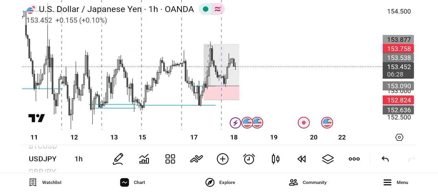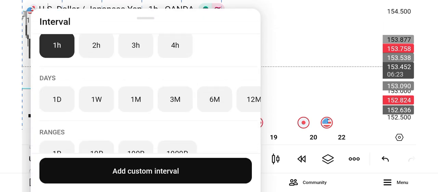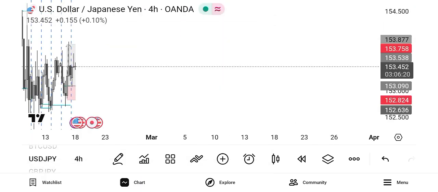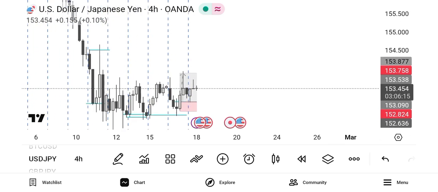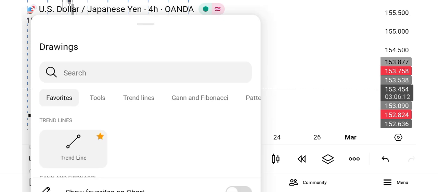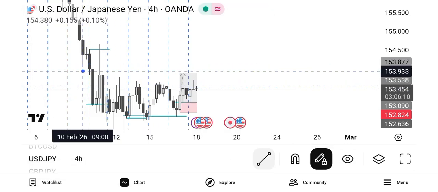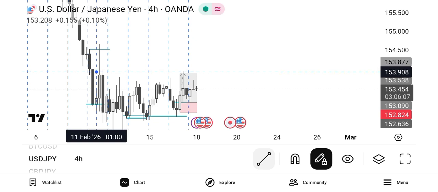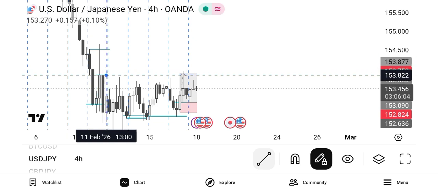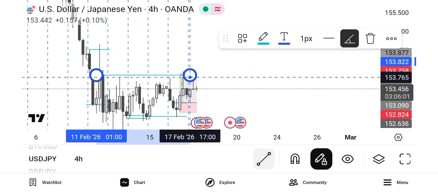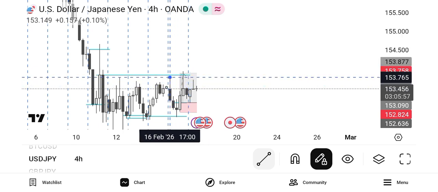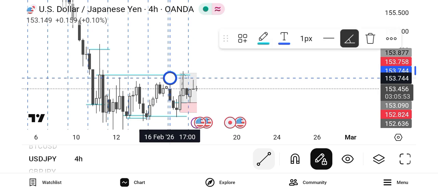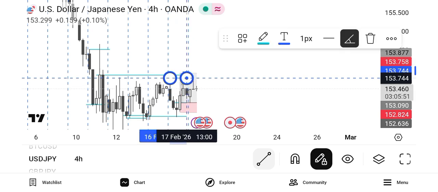You see that, and our take profit was somewhere there because of the 4 hour candlestick. I was expecting a sell setup from this rejection block, from that rejection block above here, and also because of this liquidity.